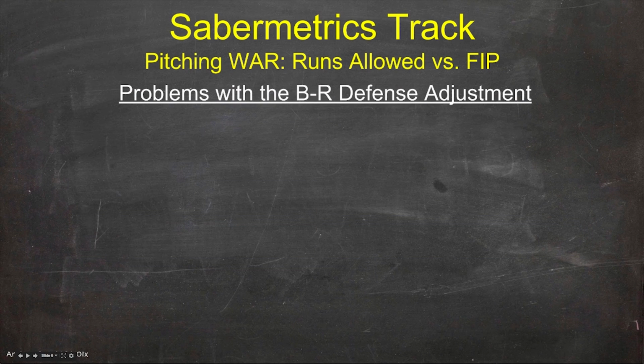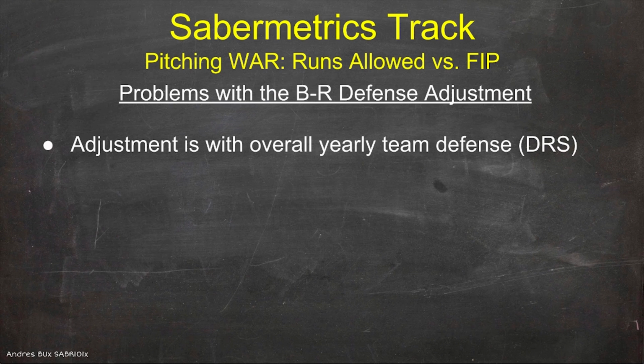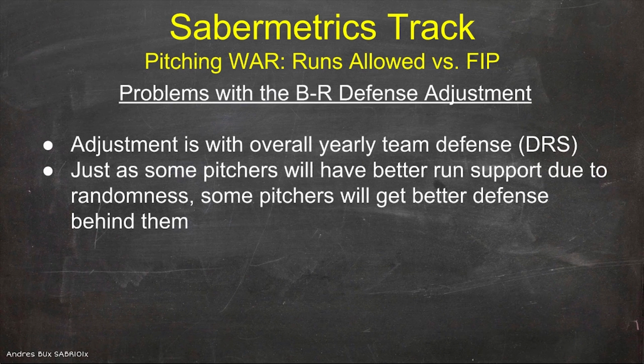What are some of the problems with the Baseball Reference defense adjustment that occurs to RA9? The adjustment is the yearly team defense. It's not the specific defense that's behind a pitcher. And this adds an element of randomness to what you're trying to measure in any given pitcher. What if some pitchers just got lucky and had good luck on defense behind them?